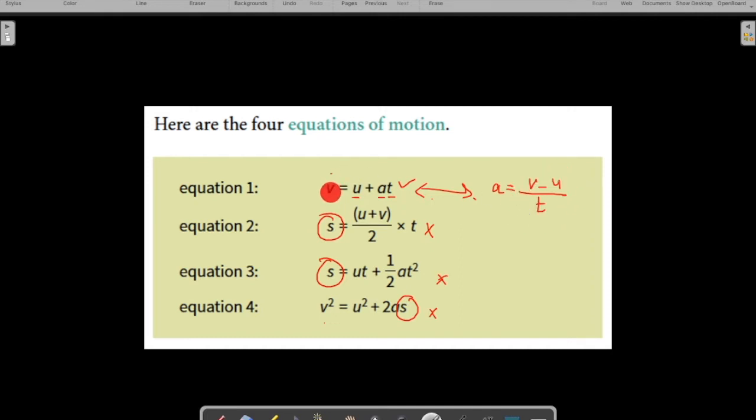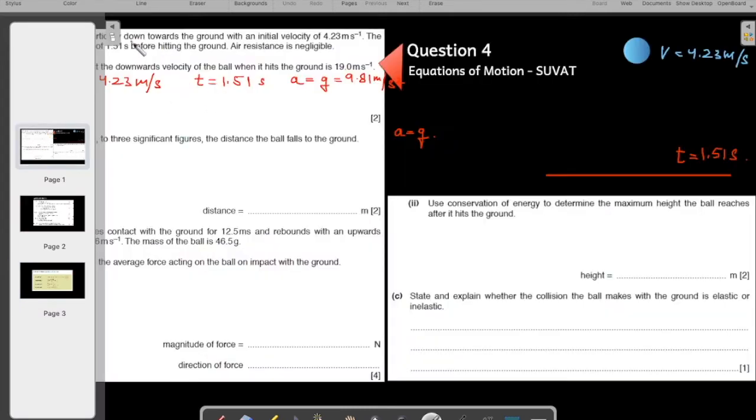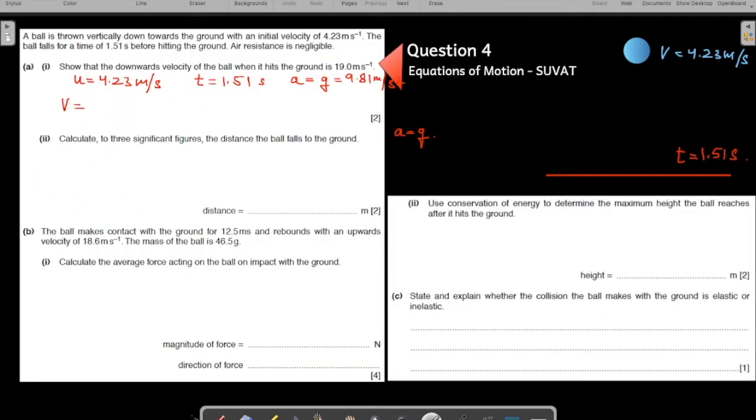Or you can straight away say v is equal to u plus at. So let us use this formula, v is equal to u plus at. You know the value of u, so substitute all the values in the equation.